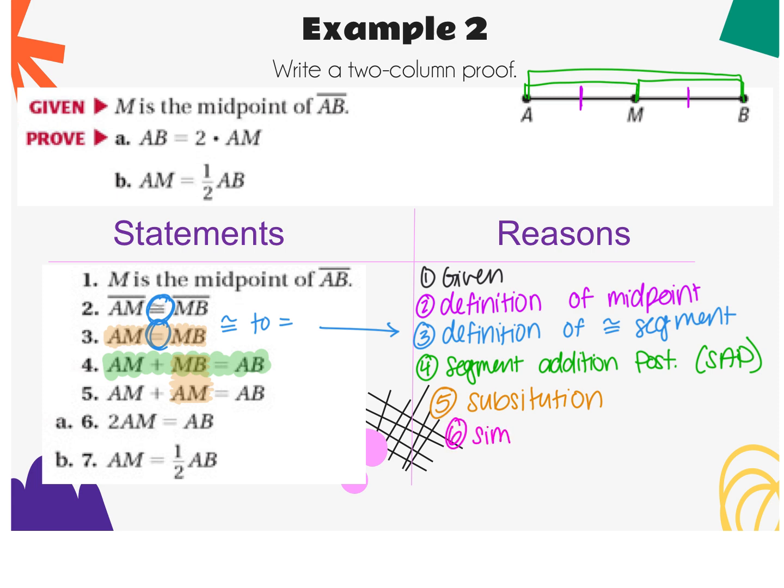So simplify would be 6. And then how am I getting to 7? How am I changing from 6 to 7? Good. I'm just dividing. So this is division, because I'm doing it to both sides, POE.